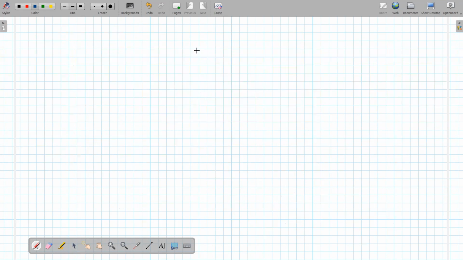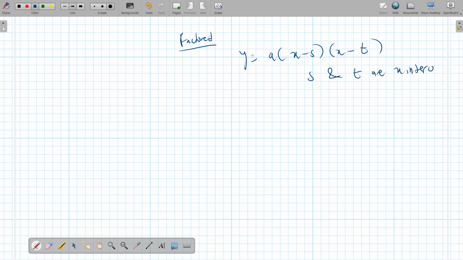Let's talk about the factored form. It has this format: a times x minus s times x minus t, where s and t are x-intercepts. Just like the vertex, you want to flip this, okay? So for example, you had 3 times x minus 4 times x plus 5.